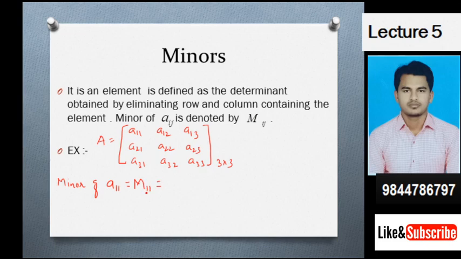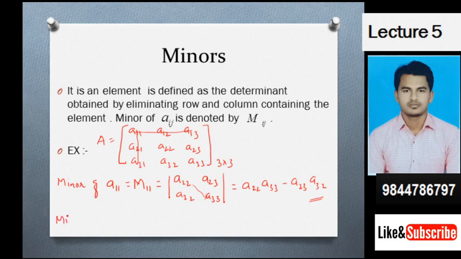It means eliminating the first row and first column. What is the remaining determinant? That is A22, A23, A32 and A33. Simplify it using the 2 cross 2 expansion, which we know: A22 A33 minus A23 A32. So this is the minor of A11.